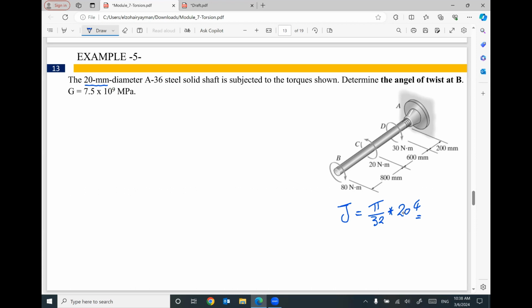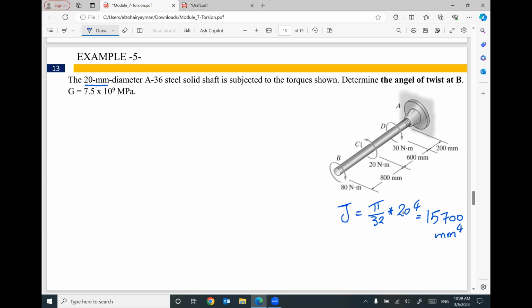So J will be pi divided by 32 times 20 to the power 4, which will give you 15,700 millimeter to the power 4.